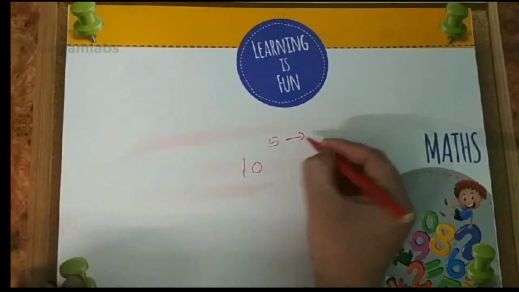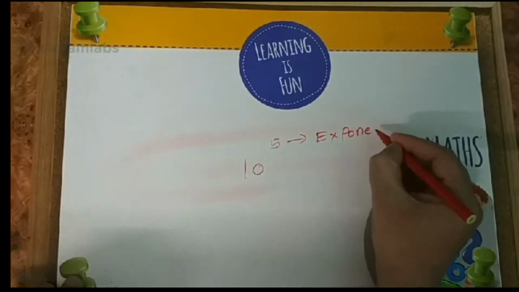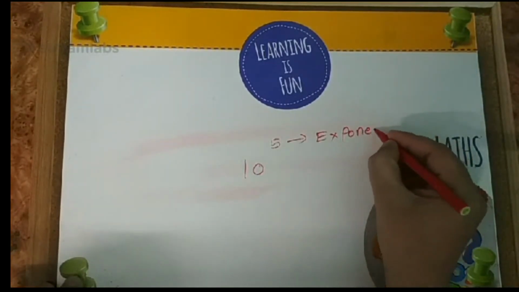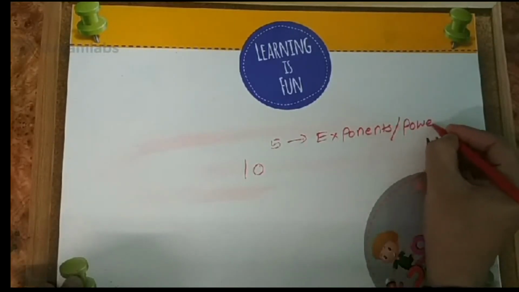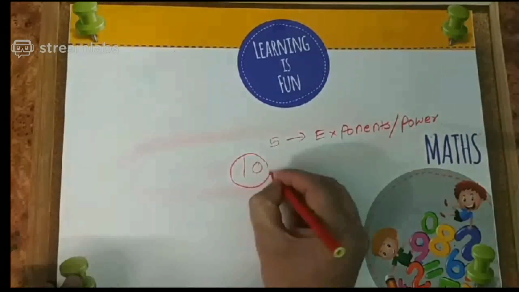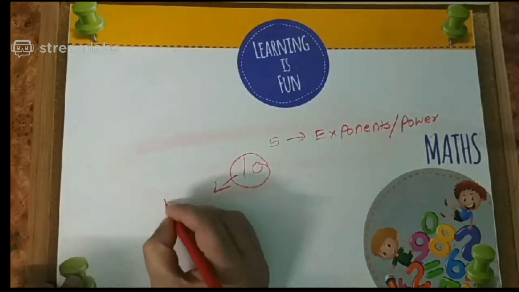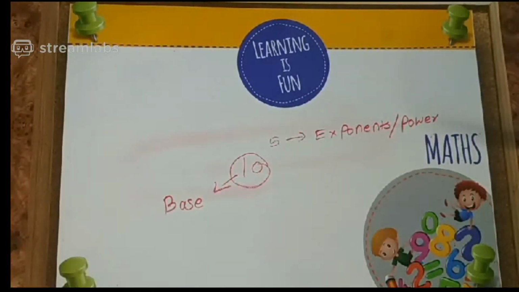So here 5 is the exponent, or power, and 10 is called the base.